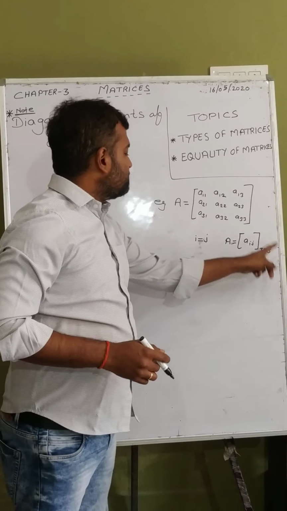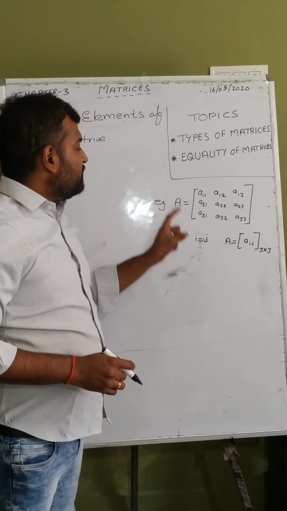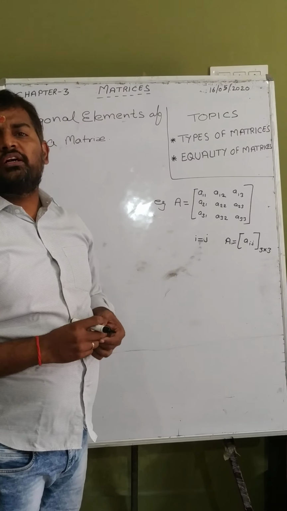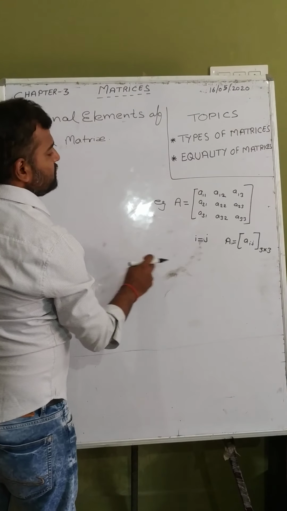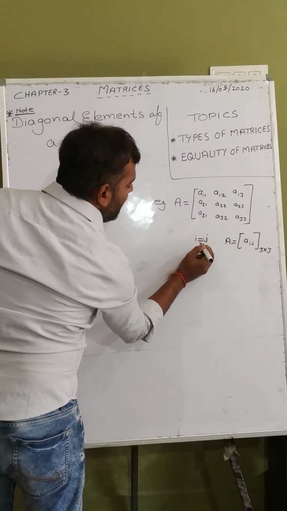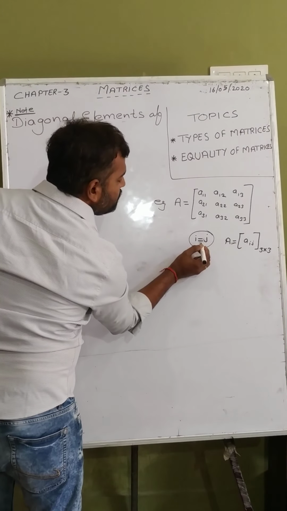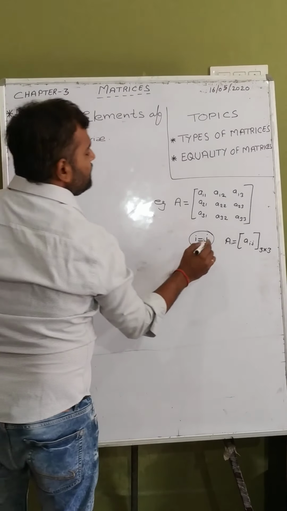There are 9 elements, and in these 9 elements, which are said to be the diagonal elements? The definition is those elements for which i equals j, meaning the value of i and the value of j must be the same.